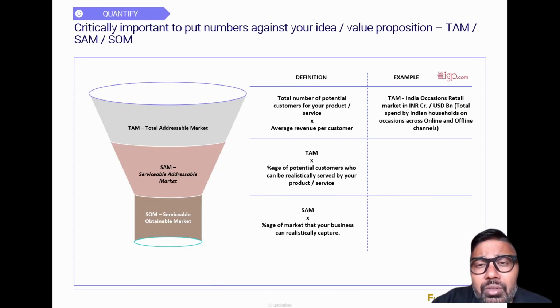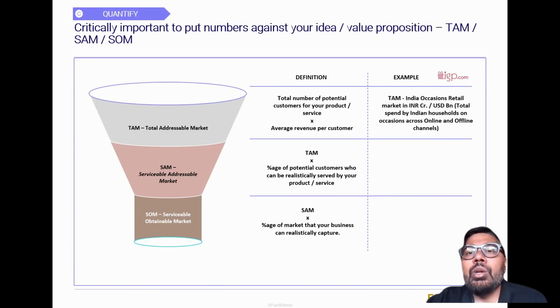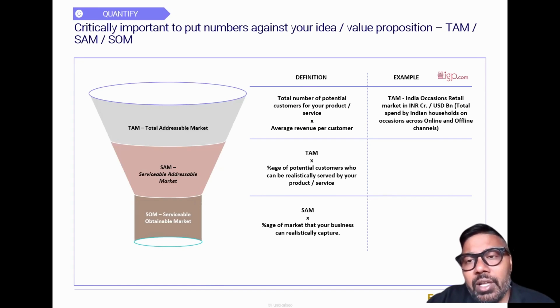So the way we defined the total addressable market is the India occasions retail market. Any expenditure that any Indian is doing on any occasion, which is basically the total spend by all Indian households on occasions across online as well as offline channels.